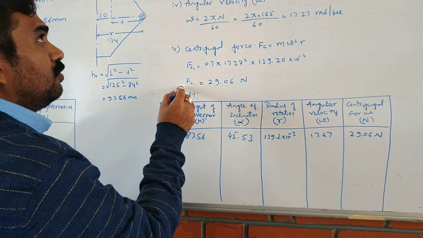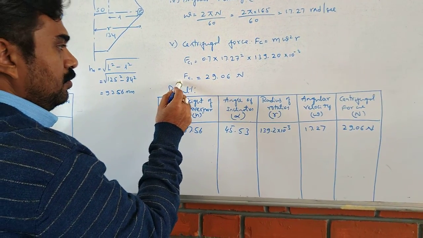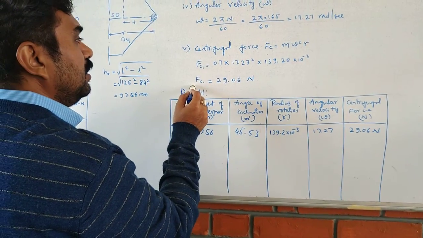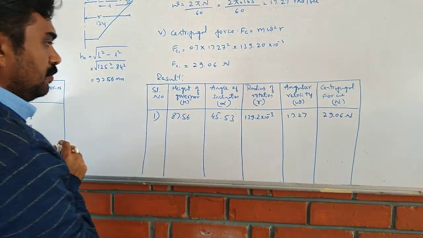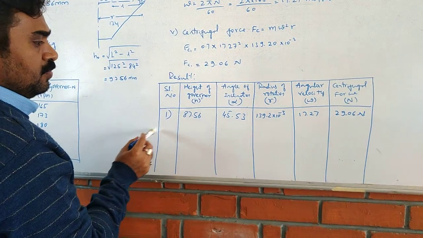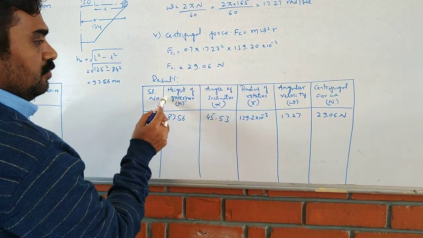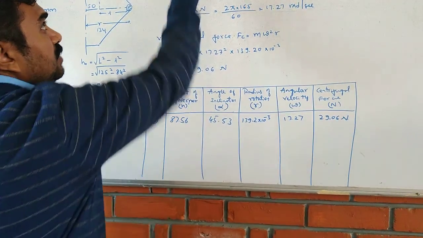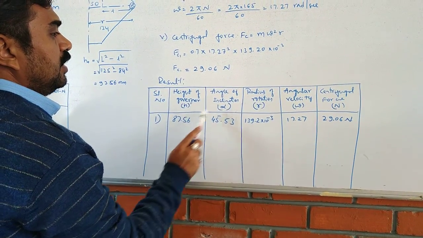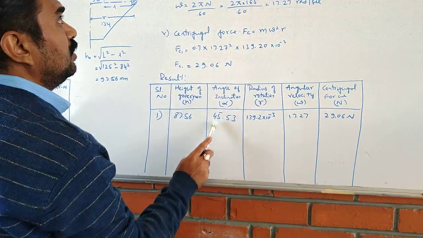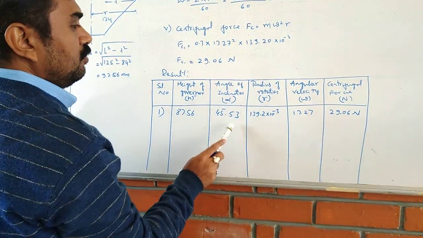You repeat the calculation for the remaining readings and calculate the centrifugal force at different rpm. So this is the result table, serial number 1. First we have the height of the governor, calculated here, h 87.56. Next we have angle of inclination alpha, which is 45.53.